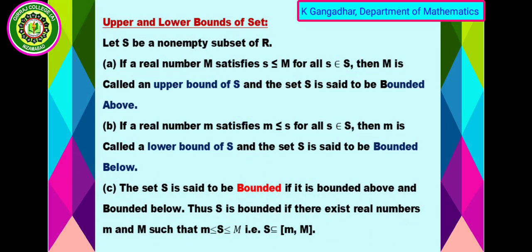Next definition: upper and lower bounds of a set. Let S be a non-empty subset of real numbers. If a real number m satisfies s less than or equal to m for all s belongs to S, then m is called an upper bound of S, and the set is said to be bounded above.